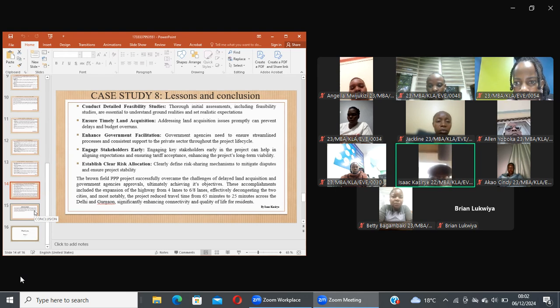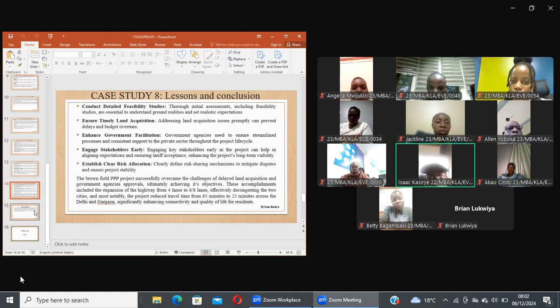In conclusion, this highway project, which was a brownfield site, successfully overcame the challenges of delayed land acquisition and delays in approval by government agencies. Thereby, it was able to achieve its intended goal of enlarging the highway from 4 lanes to 8 lanes.